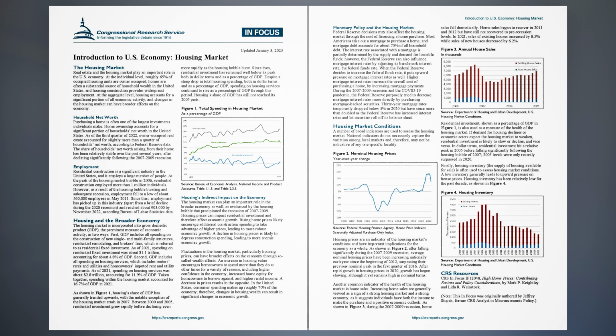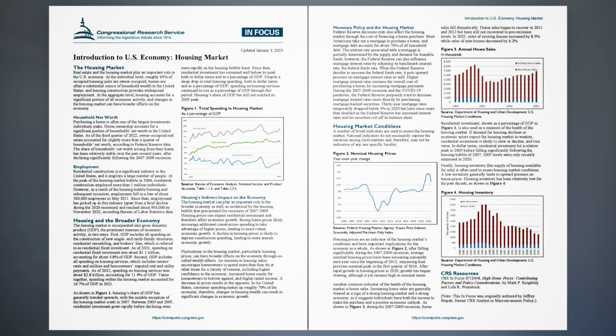Housing market conditions. A number of broad indicators are used to assess the housing market. National indicators do not necessarily capture the variation among local markets and, therefore, may not be indicative of any one specific locality. Housing prices are an indicator of the housing market's conditions and have important implications for the economy as a whole.